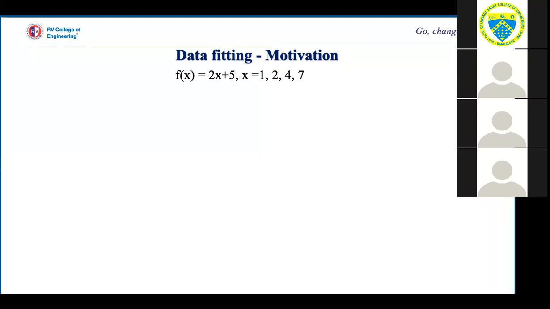Let me consider a function of x as 2x plus 5. If x takes the values 1, 2, 4 and 7, can you just quickly tell me corresponding values of f of x?